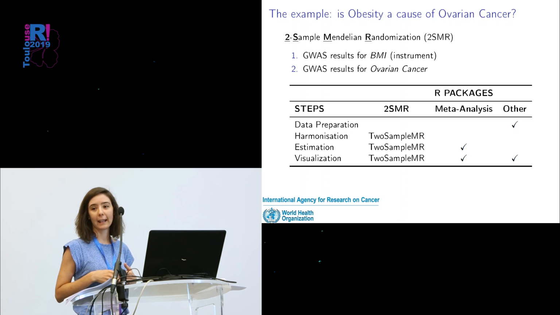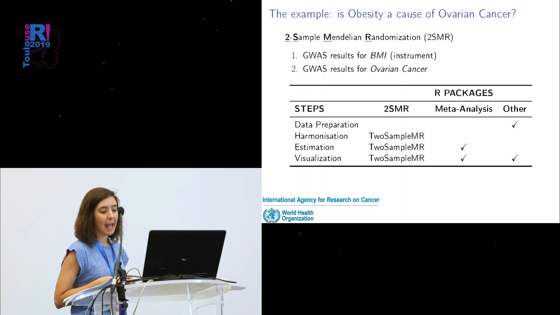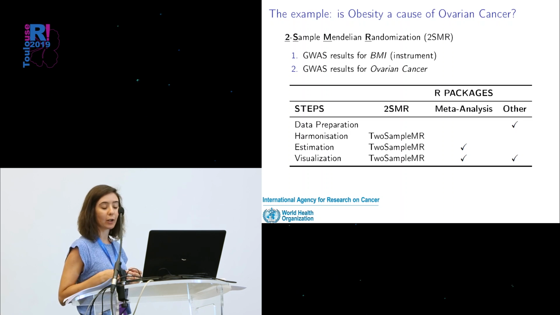Simplifying the analysis steps, the first step will be some data preparation using packages that are not specific to genetic data. And then the main package for two-sample Mendelian randomization will be TwoSampleMR. And I will first use it to harmonize the two data sets, so ensuring that reference and effect allele are the same for the two data sets for all the genetic variants.